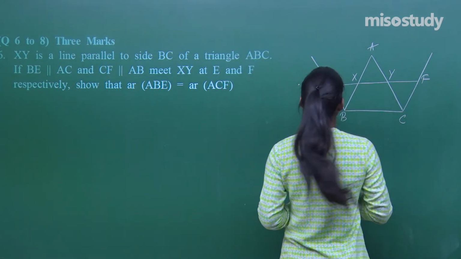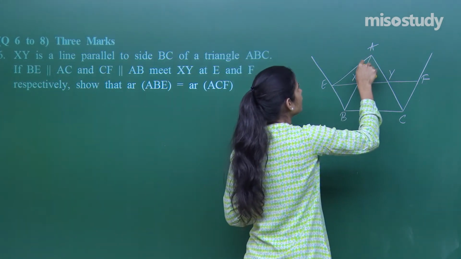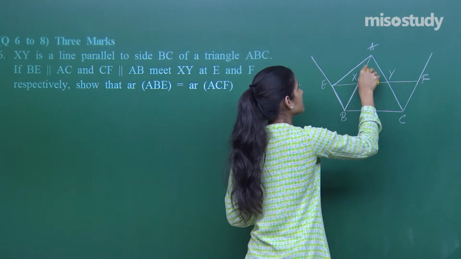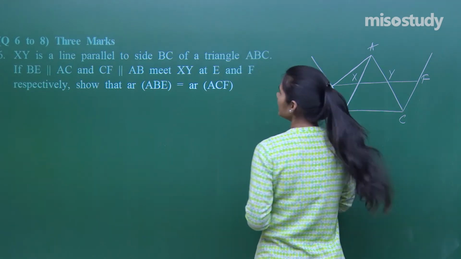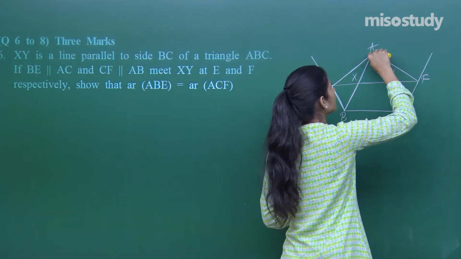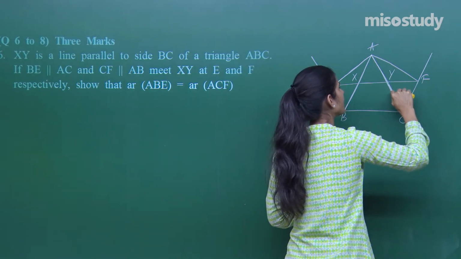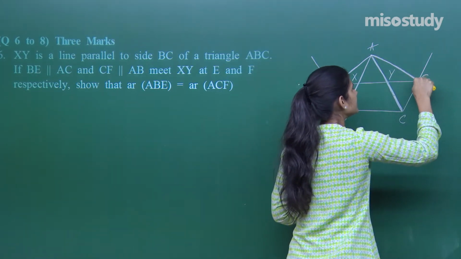Show that area of triangle ABE. So I will be joining this. Area of triangle ABE means this triangle's area. Area of triangle ABE is equal to area of triangle ACF. So join this area. You have area of triangle ABE should come out to be same as area of triangle ACF.